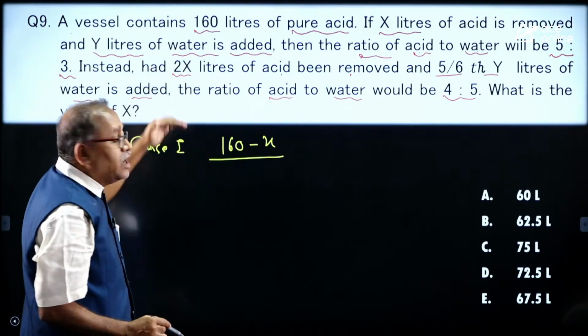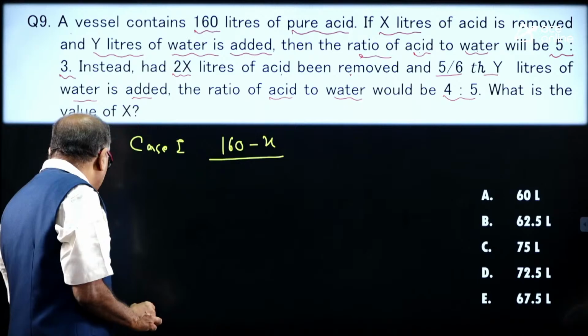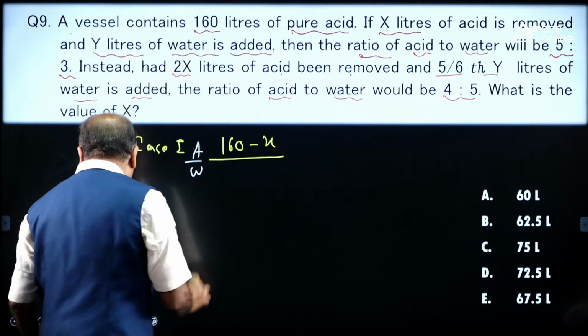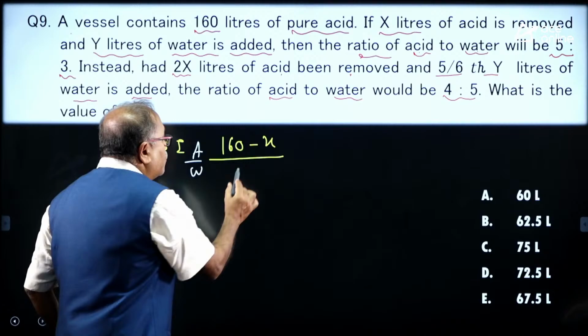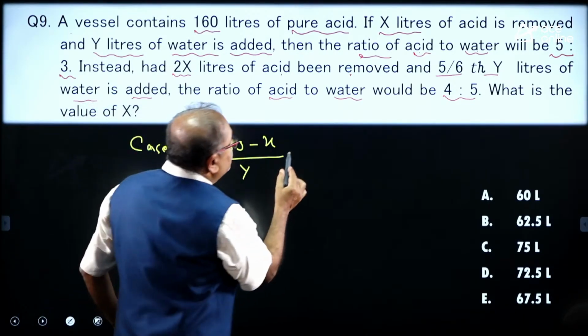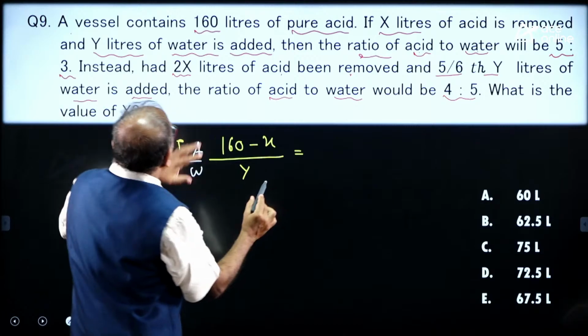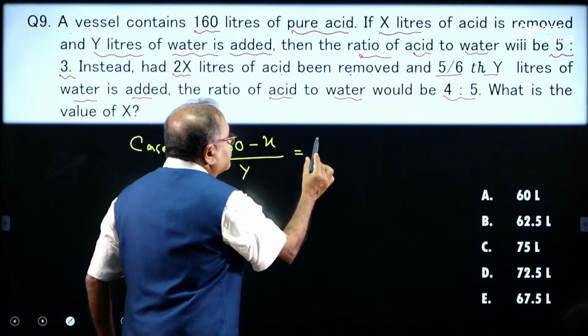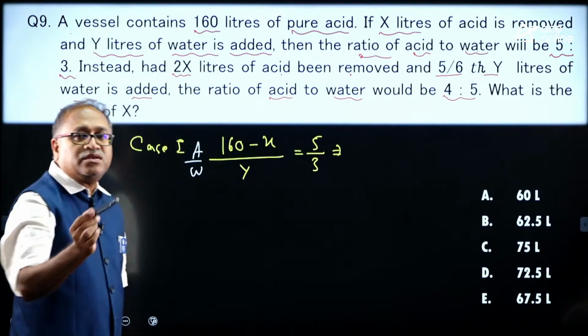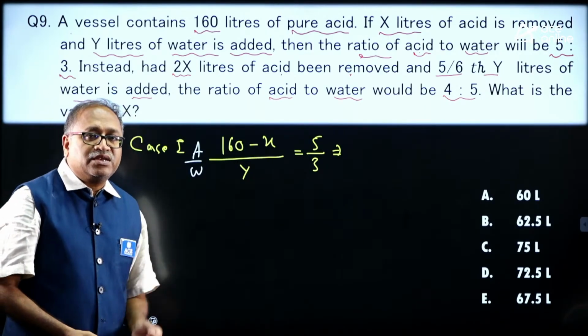So, acid to water, what I am writing over here, the acid by water. So, this is y water is added, and the ratio becomes 5:3. You can frame one equation with 2 variables x and y.